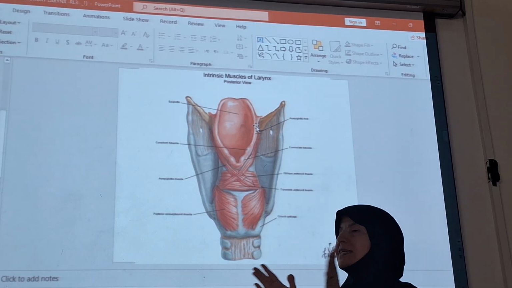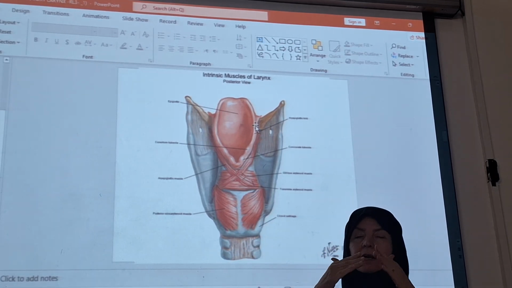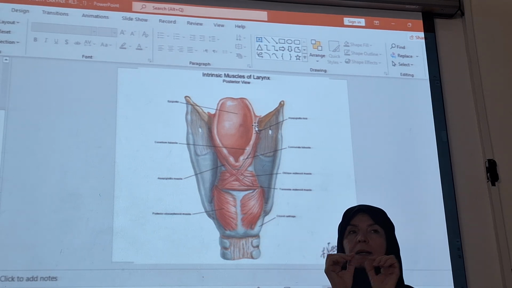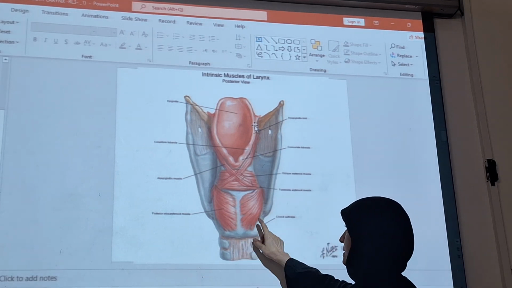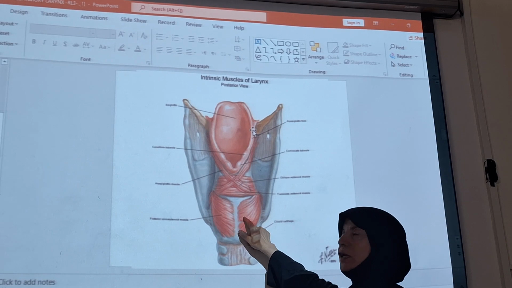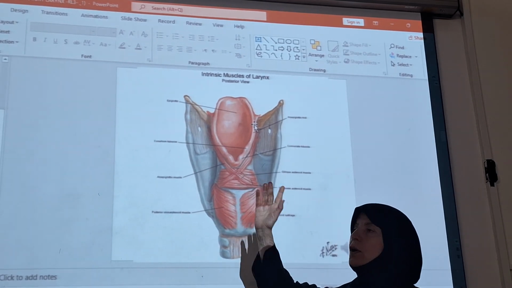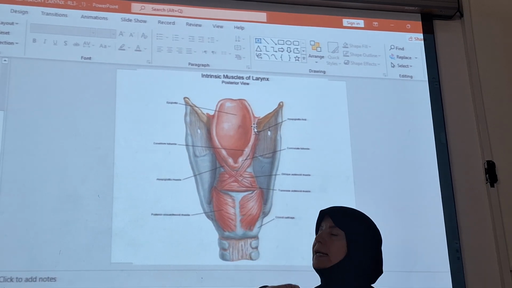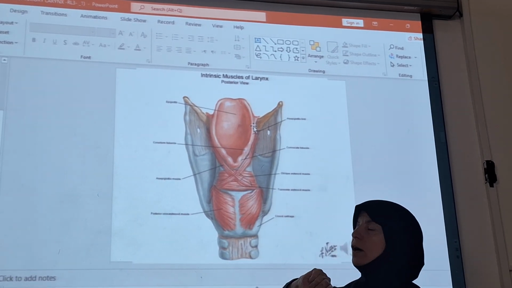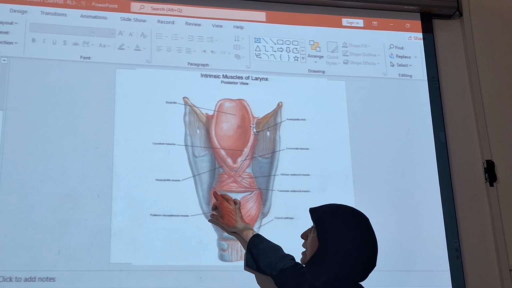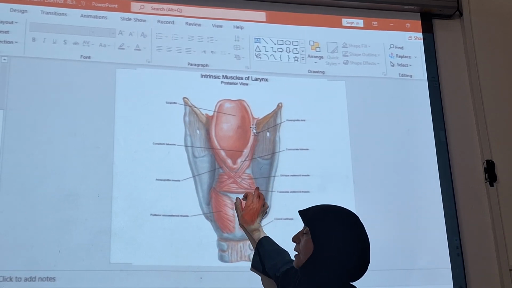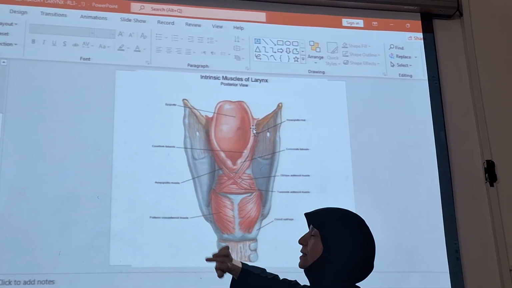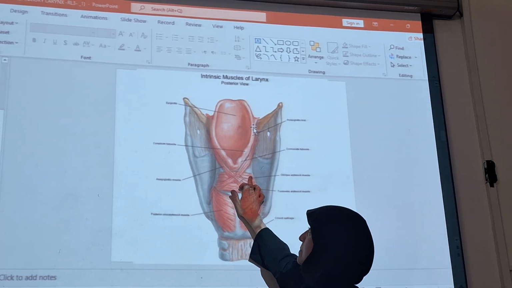Most of the muscles adduct the vocal cord. The only muscle that abducts is the posterior cricoarytenoid muscle. Where is the origin? The posterior surface of the lamina of the cricoid cartilage. Where is the insertion? The posterior surface of the muscular process.